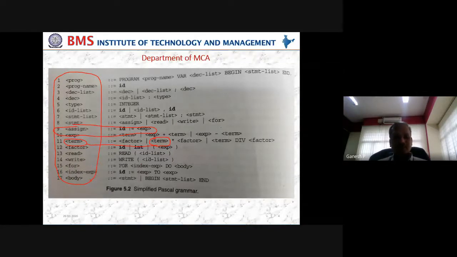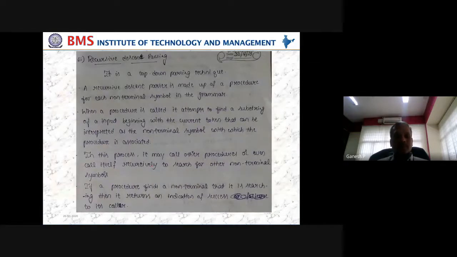Okay. Now, as we know, each non-terminal symbol is assigned a procedure, and the procedure can call itself, which is recursive in nature, or it can call any other non-terminal symbols as we have seen just now. In either case, it is going to give a return value, either a success or a failure. That means if our input is valid, we will get a success indication.